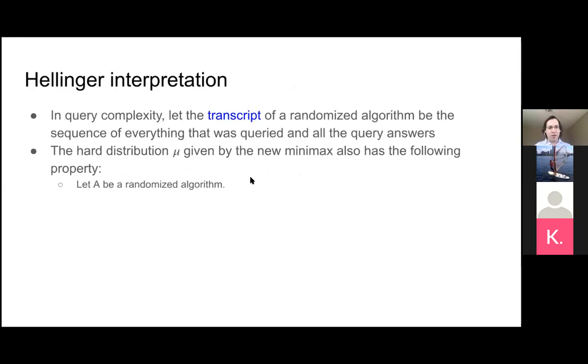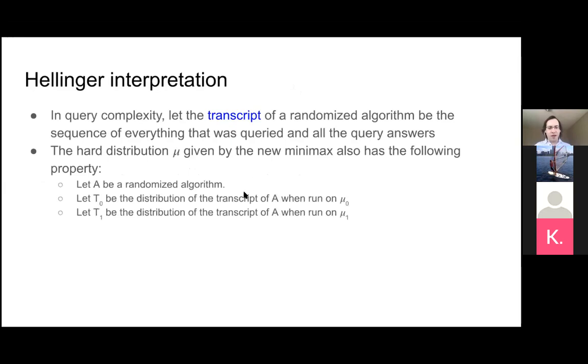Very briefly, I'll just put on the slide here, but basically, in query complexity or communication complexity, you can define what's called the transcript of an algorithm, which is basically everything it looked at.